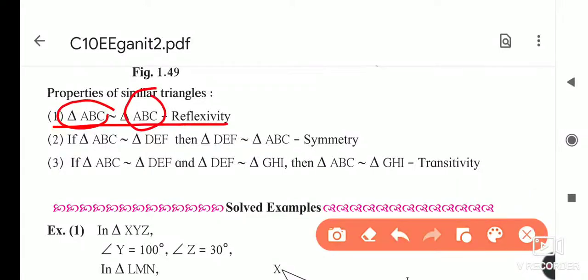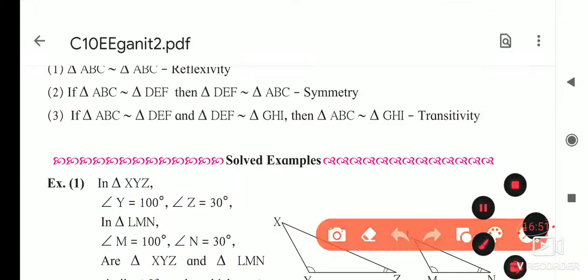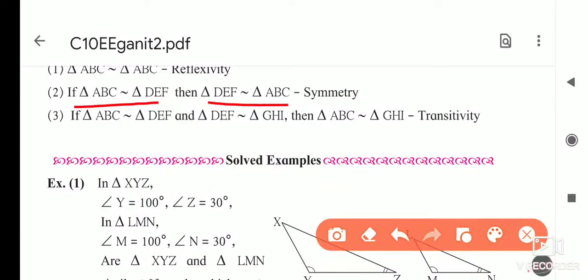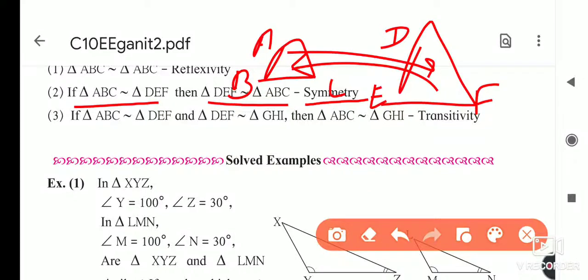Next, if ABC is similar to DEF, then DEF is also similar to ABC, and this property of similarity of triangles is called symmetry.